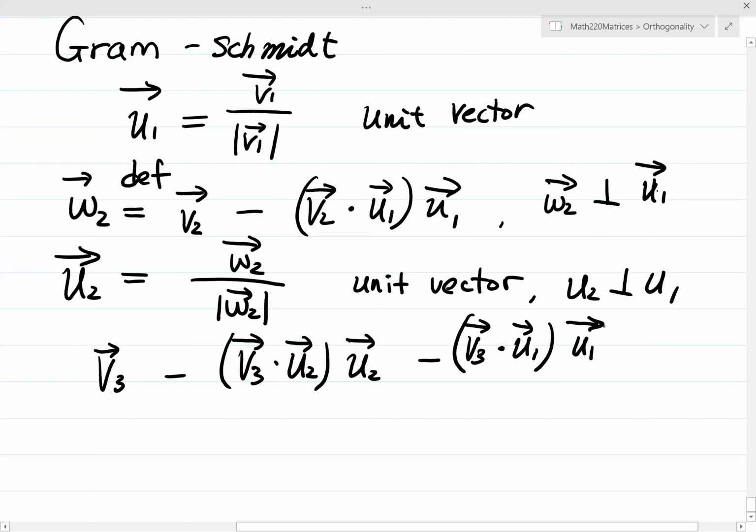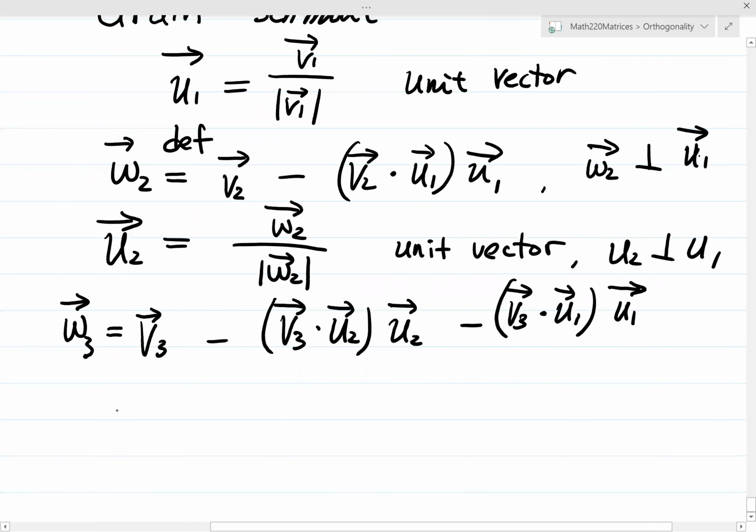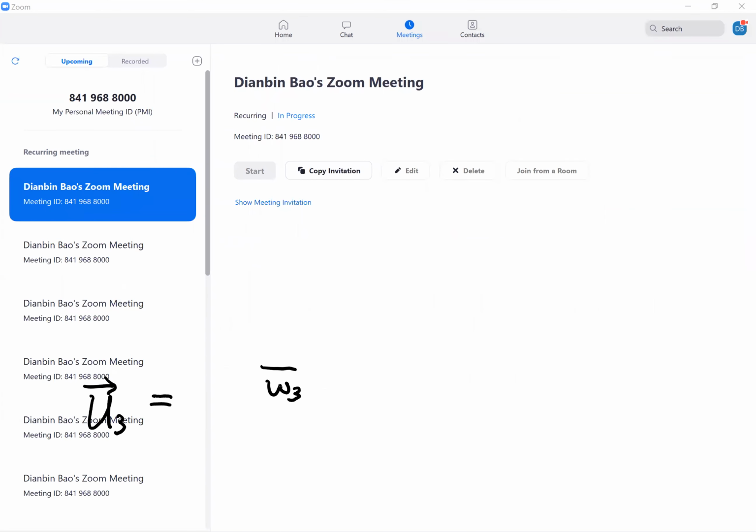So we get W3. W3 is a vector perpendicular to U1 and U2. Then we normalize W3 by dividing by its norm.